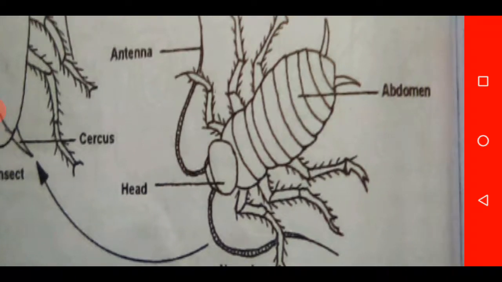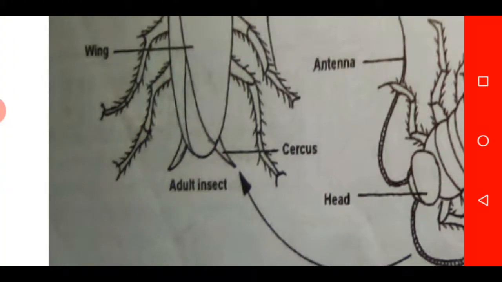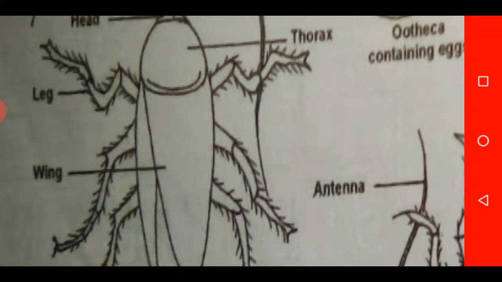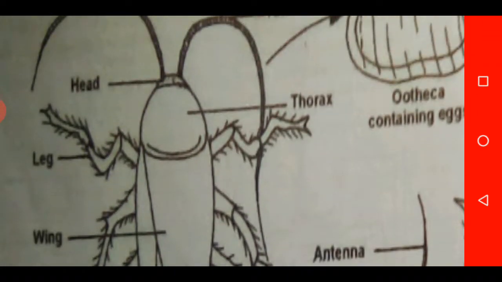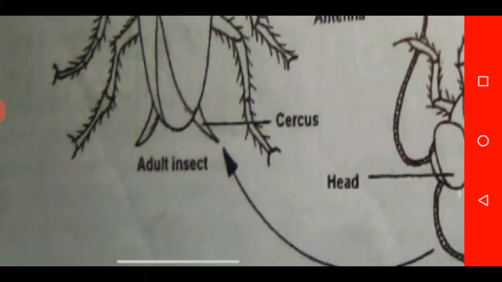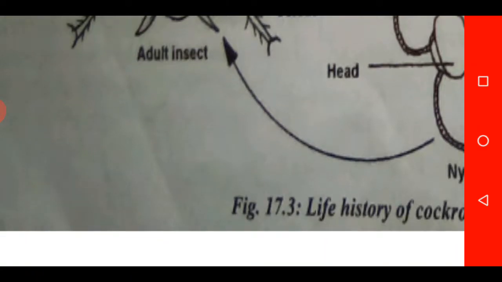As you can see, it's wingless, and then later the nymph will develop into a full-fledged adult cockroach having the head, the thorax, and the abdomen. Then it now has wings for flying. So this is also an example of an insect, the adult cockroach.